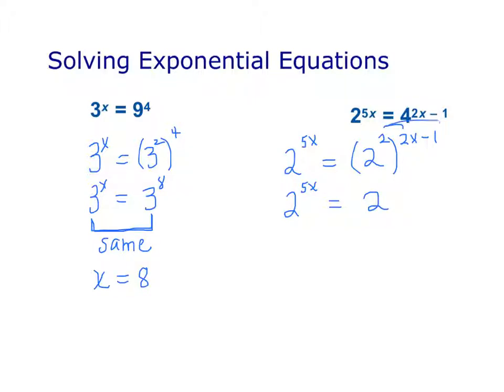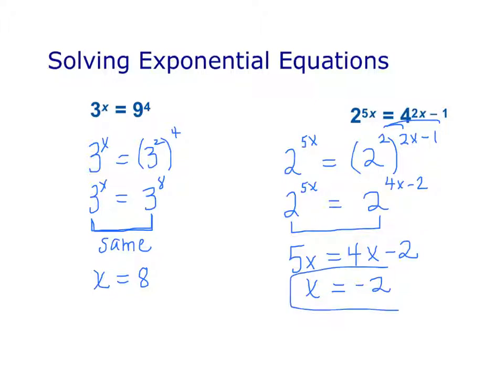I'm going to do 2 times both of those, so this would be 4x minus 2. Well, because these are the same, I can say that the exponents equal each other. So x is going to equal -2. And that would be your answer. So it's pretty simple once you know how to rewrite it.